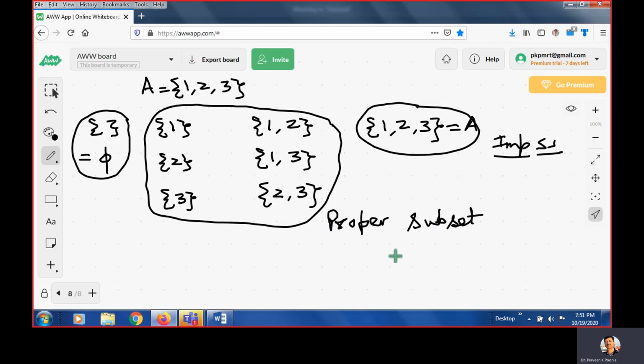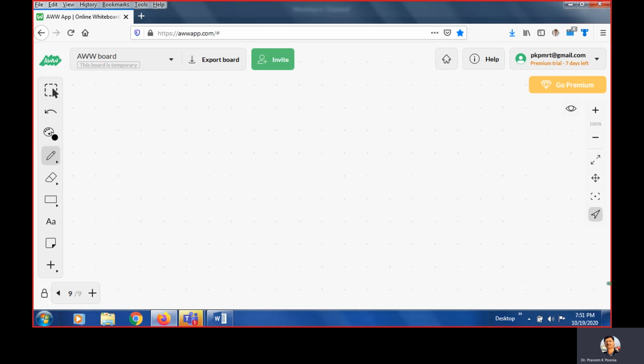So this is the way to find the proper subsets and improper subsets. Clear? And how many subsets are here? Okay, that I will tell you later, how to find the total possibilities of a set. Clear? Now, the next definition we are going to study is power set.